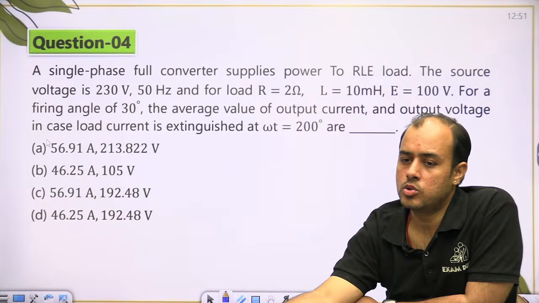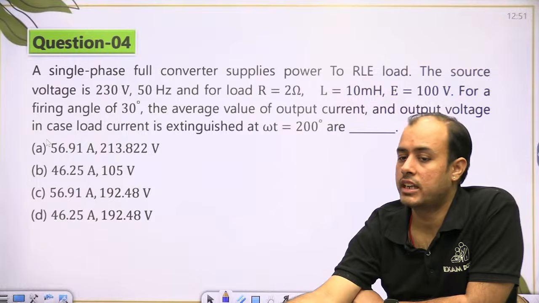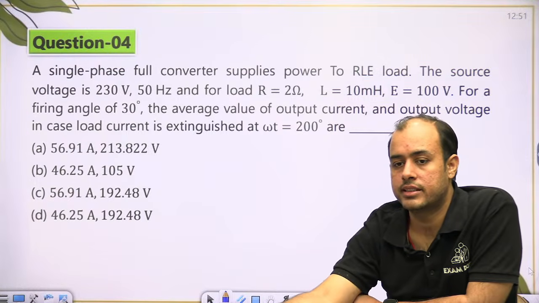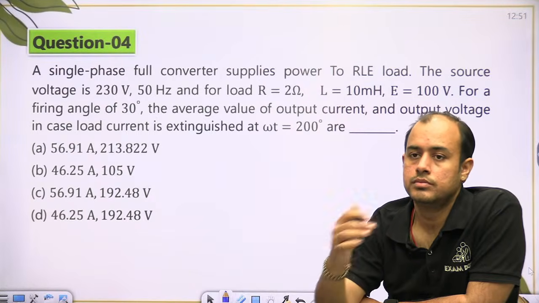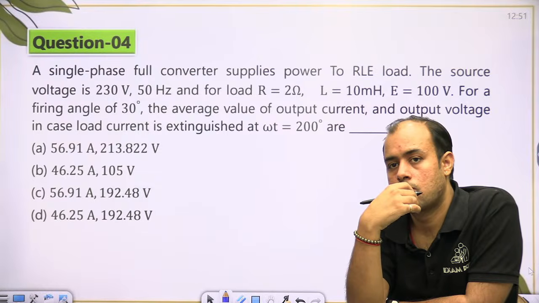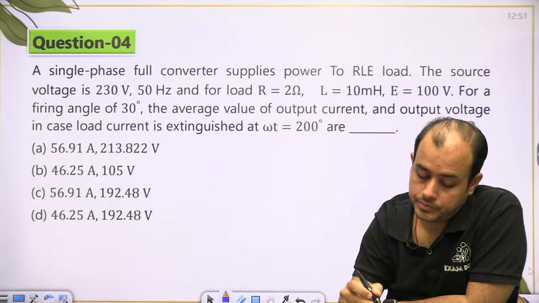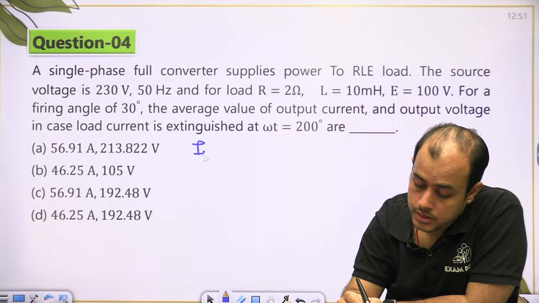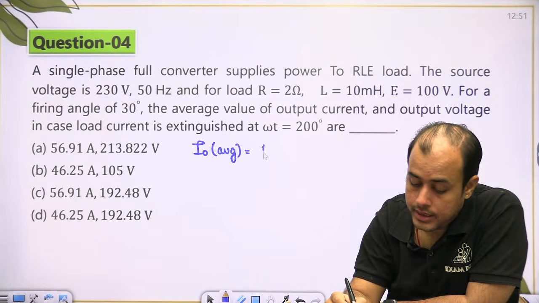Vm by 2 pi क्यों होगा भाई तो? वो तो हाफ वेव रेक्टिफायर में होता है ना, ये तो फुल वेव रेक्टिफायर्स हैं. देखो, when you talk about average current, inductor does not have a role.